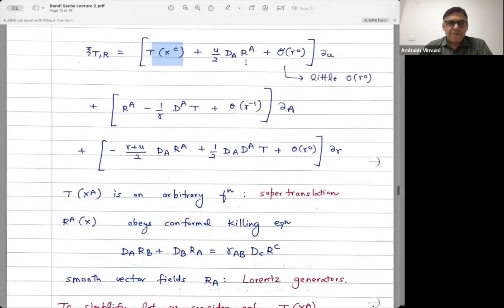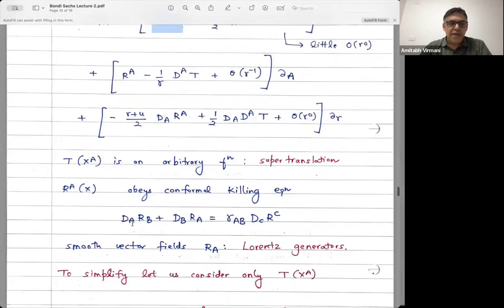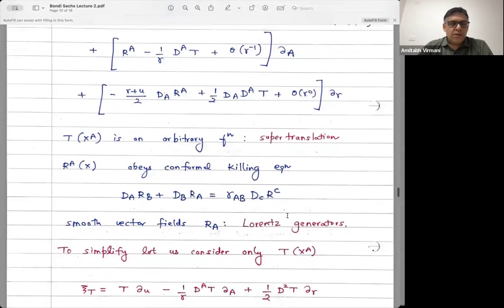The other object that appears is the vector RA. This is a vector on the sphere, and this vector obeys the conformal Killing equation on the two-dimensional sphere: DA RB plus DB RA equals gamma AB DC RC.